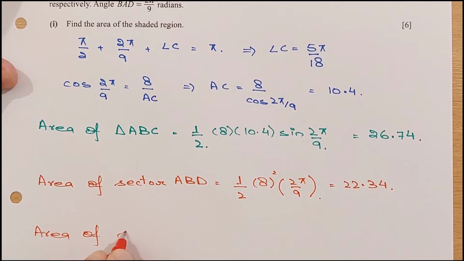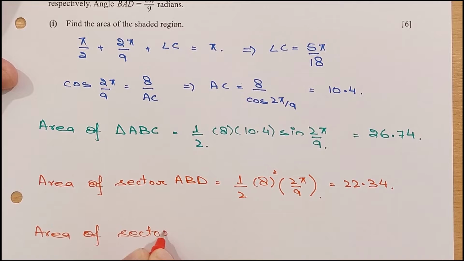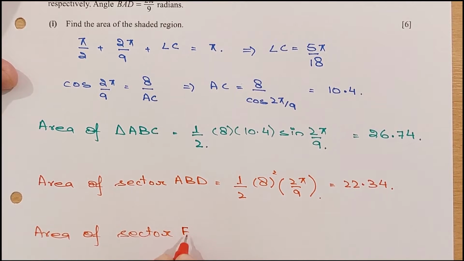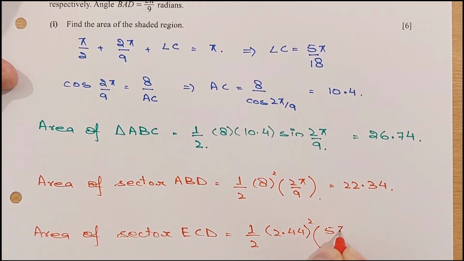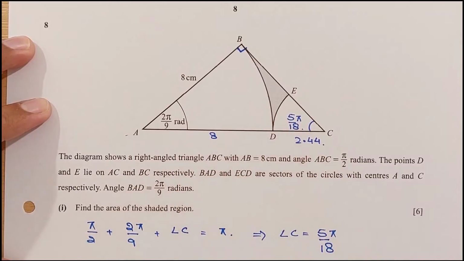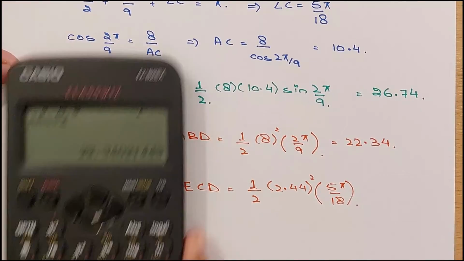Area of sector ECD. Again, half radius square theta. Radius is 2.44, its square, and the theta is 5 pi by 18. This is the radius and this is the theta, right? Just simplify.